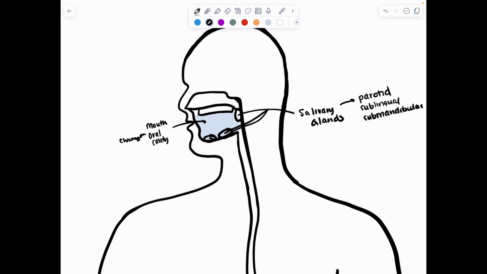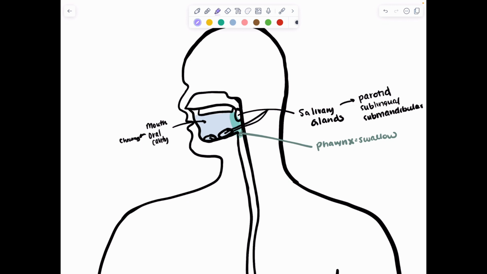So food comes in, we chew it up, we get it wet, and then it goes through our pharynx. So our pharynx is in the back of the throat region, and we swallow it. So that's the main thing that's happening with our pharynx is swallowing. From there, we have this little flap that makes it so that instead of going into our trachea, the food is going to go into our esophagus.